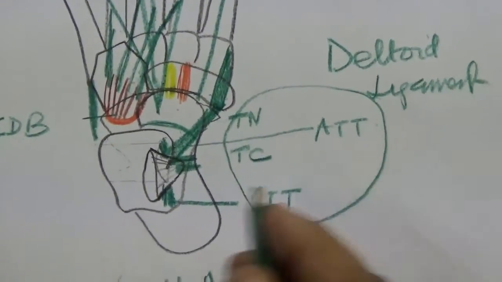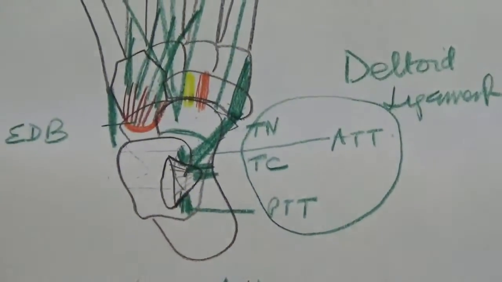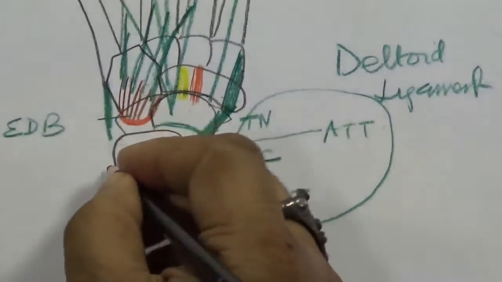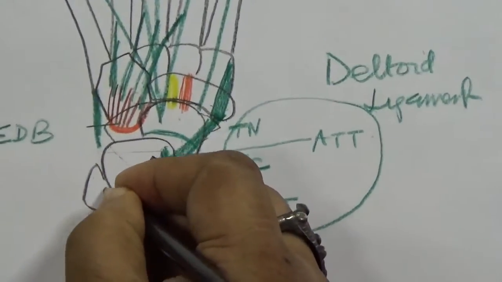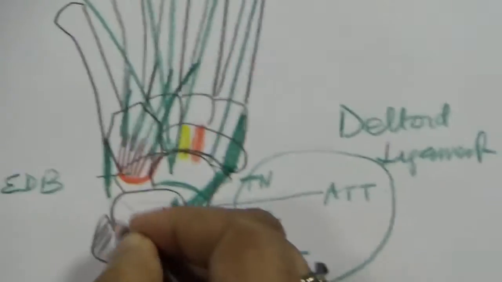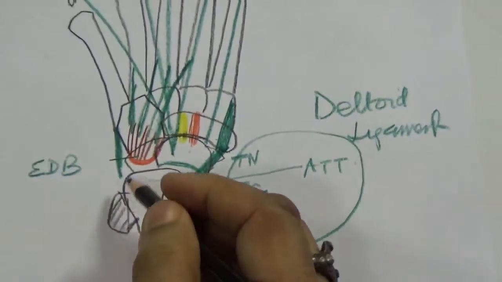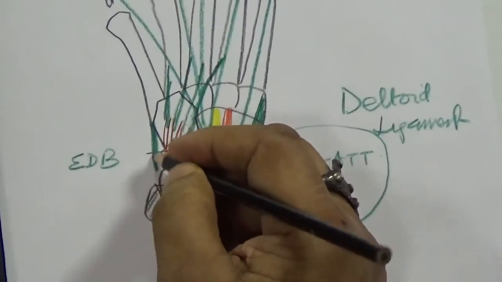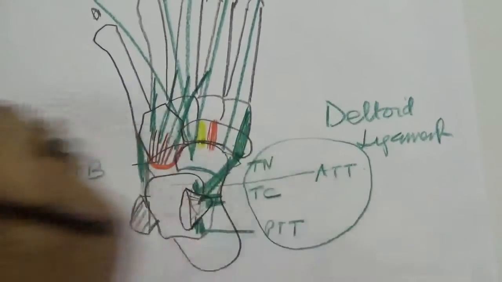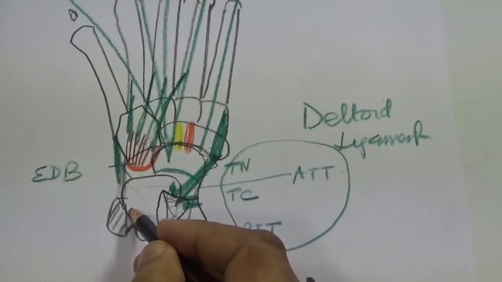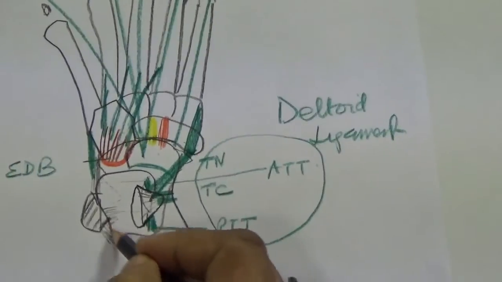Alright. Then you have from the posterior side, from the lateral side, this is the lateral malleolus, the fibula. On the lateral side, you have a ligament which goes up to the cuboid, known as the lateral collateral ligament, a ligament at its tip, and a ligament which goes up to the calcaneum.